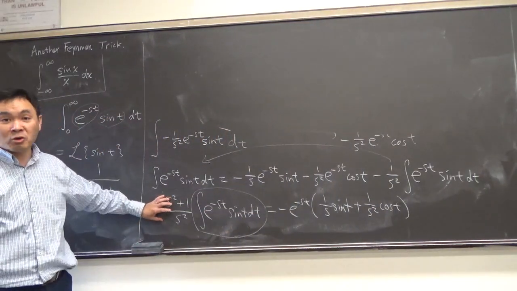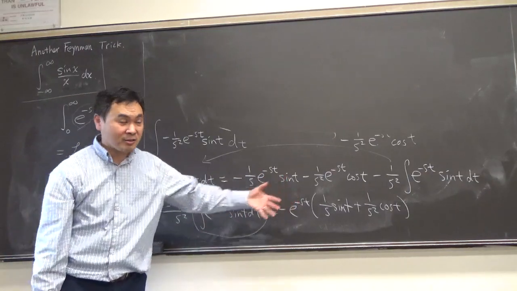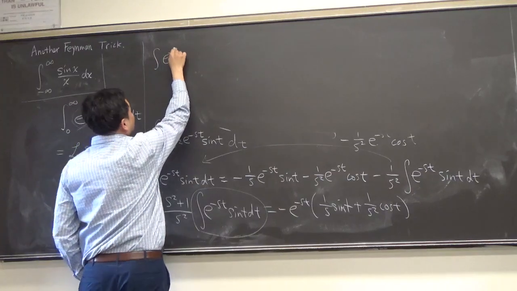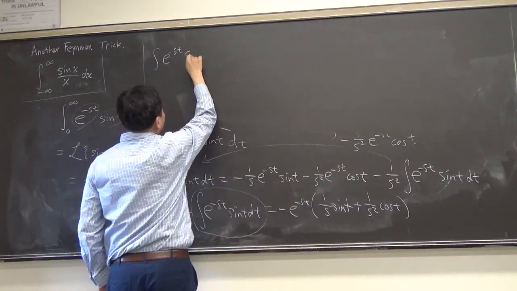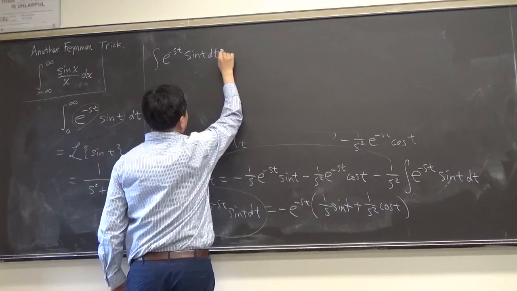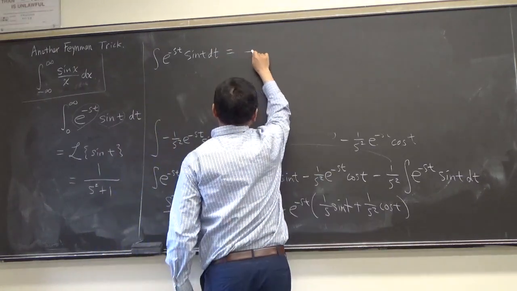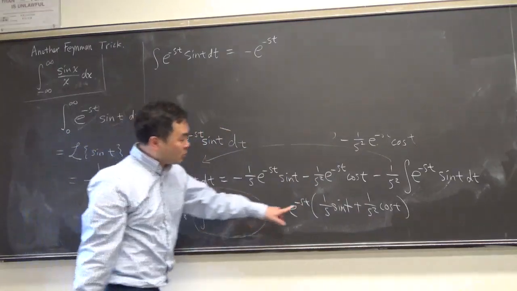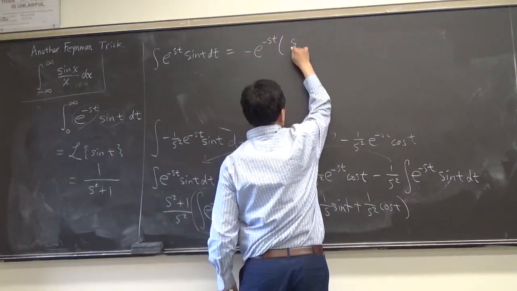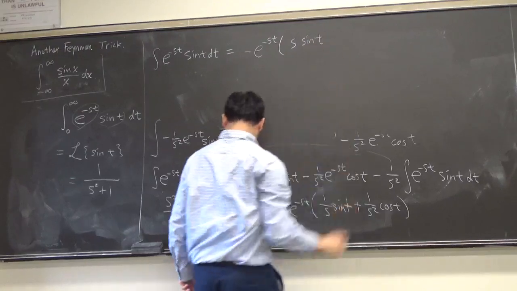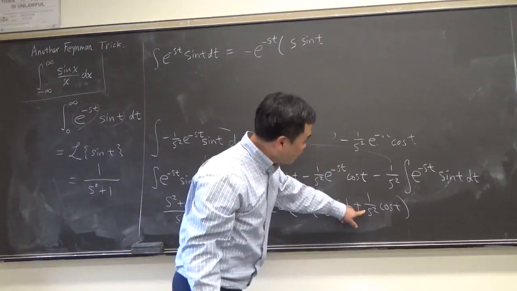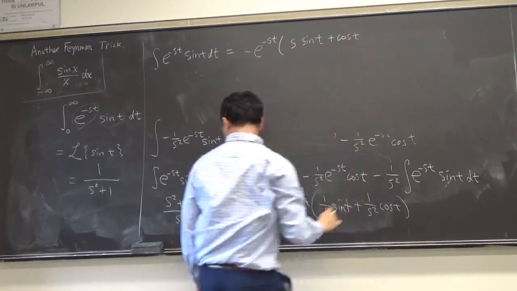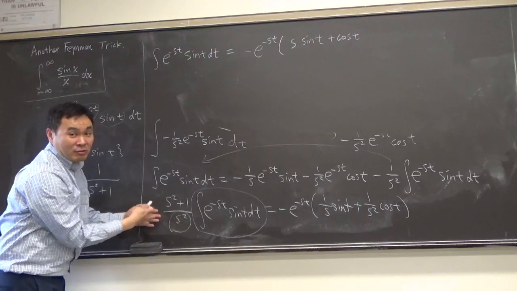So we just have to multiply the reciprocal over to the other side so that it will be e to the negative st sine t dt equal to negative e to the negative st. See, multiplying s squared to 1 over s will give you s sine t. Multiplying s squared to 1 over s squared will cancel the s squared and you get cosine t. So that's what's going to happen if I multiply s squared both sides.